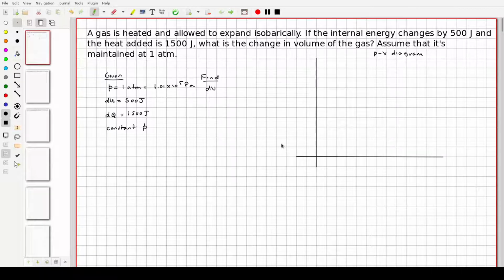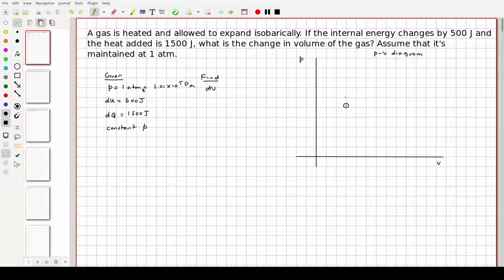Isobaric, isothermal, these types of expansions have very clear paths on what we call PV diagrams. Basically, you plot the pressure on the y-axis and the volume on the x-axis, and you look at how things change from one state to another state. I'll call this point right here state number 1.